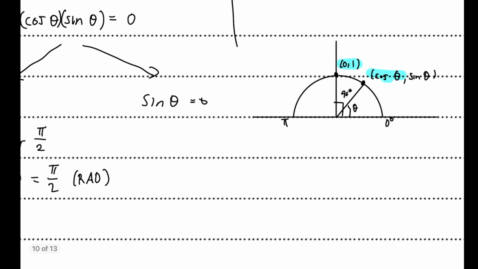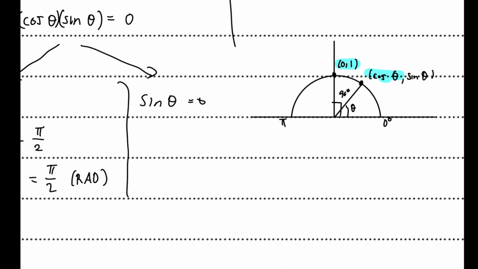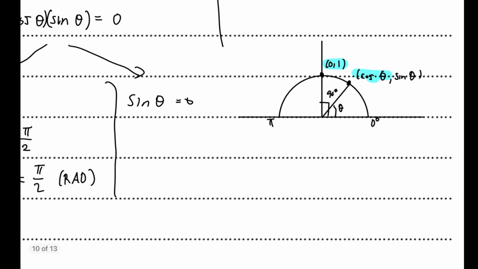But for sine, sine is the y coordinate, which is 0. So that happens here, 1, 0 and -1, 0. As you can see, it happens here and here. It happens at 0 degree and pi, or 180 degree. So theta will be equal to 0 or equal to pi.